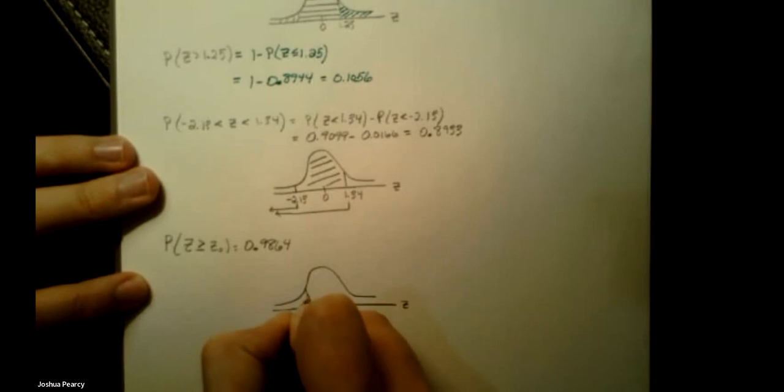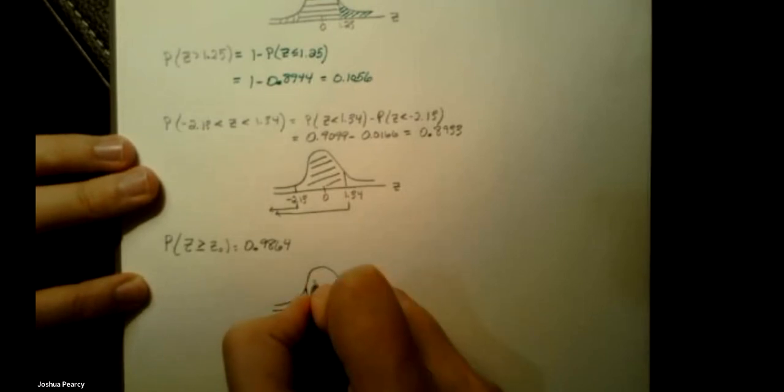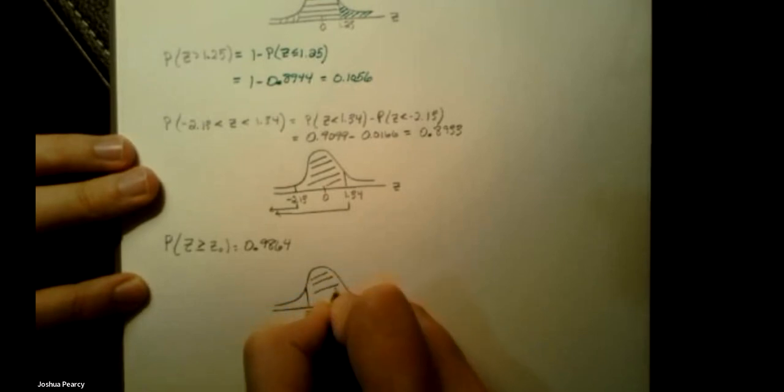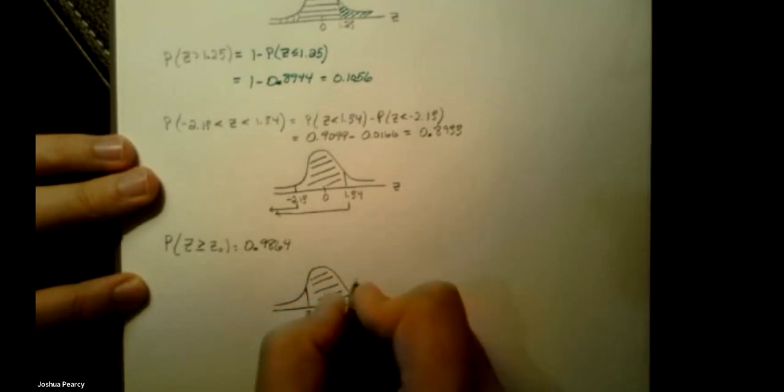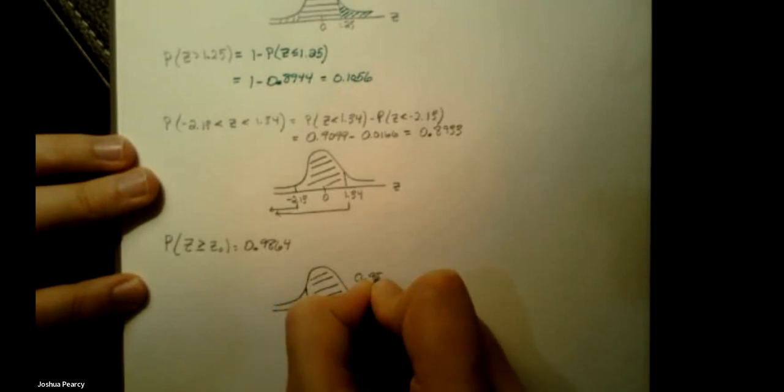So it's probably around here, z naught, and the area to the right of this is 0.9864. But your standard normal table only gives you the area to the left. So how do I find the area to the left of this z-score here?